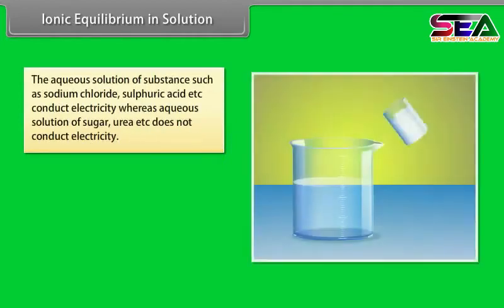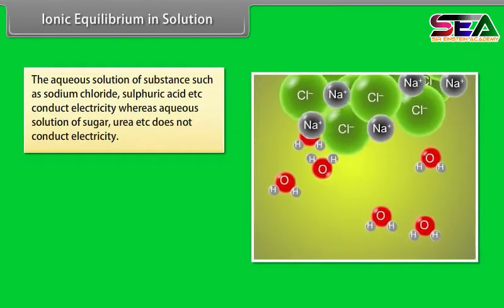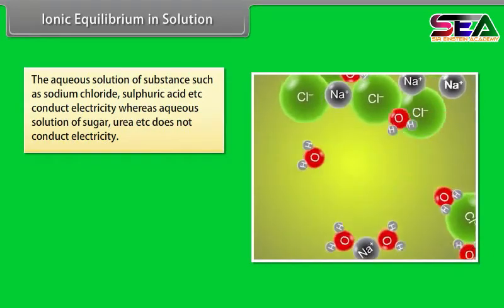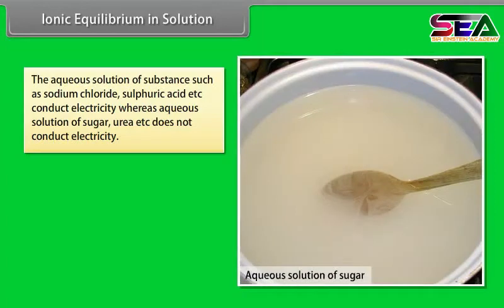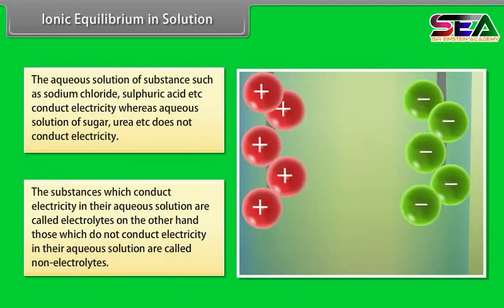Ionic equilibrium in solution. The aqueous solution of substance such as sodium chloride, sulfuric acid, etc. conduct electricity, whereas aqueous solution of sugar, urea, etc. does not conduct electricity. The substances which conduct electricity in their aqueous solution are called electrolytes.